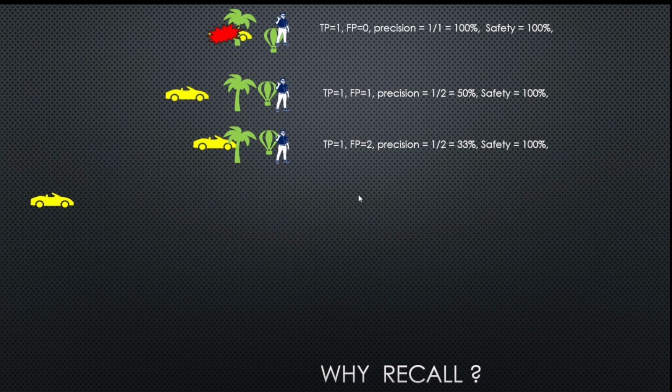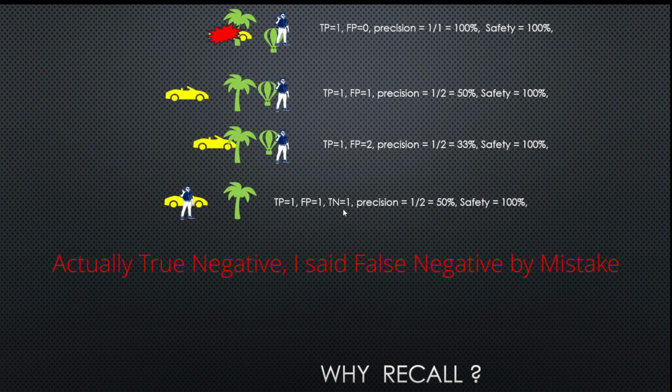Now the company realizes that this is really a waste, so why don't we change this prediction? They don't actually eject this time. They said that maybe at this time I can declare this as a false negative, meaning there is no crash. Fair enough, precision increased, safety still is 100%.